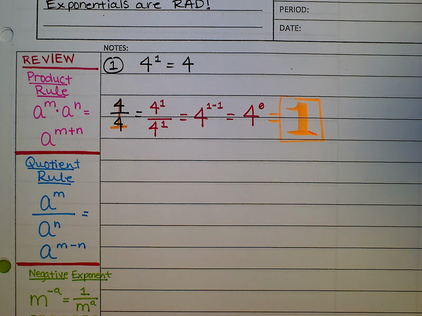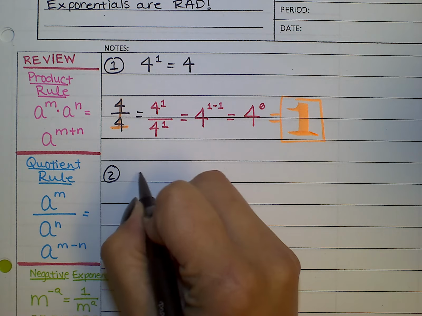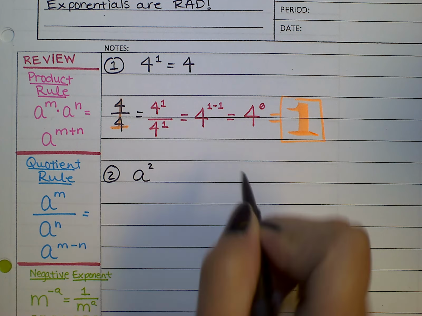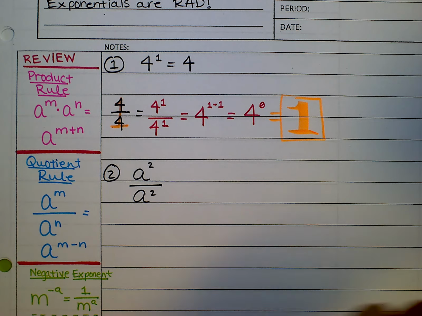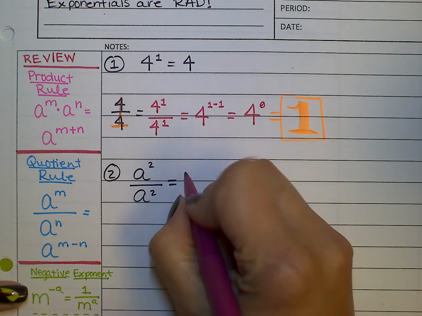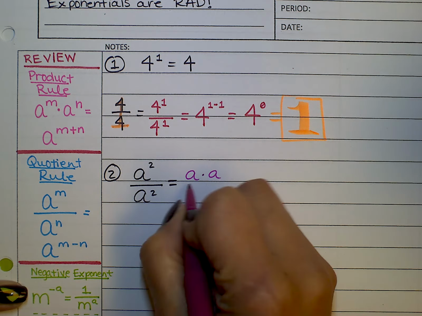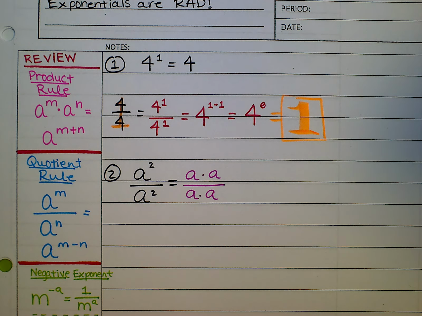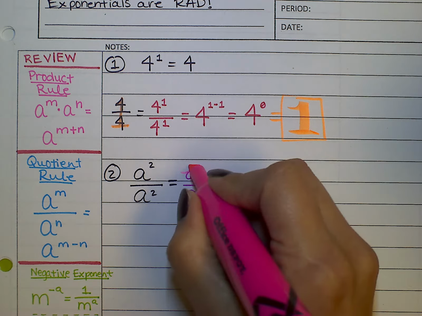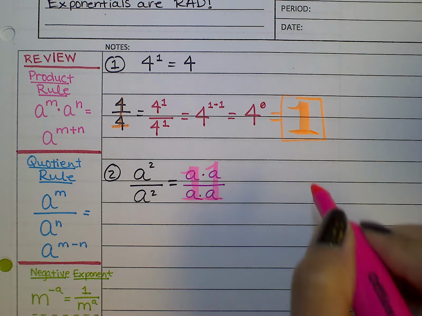Okay, so let's have another example. What if I gave you a squared over a squared? Well, of course, we could expand that a little bit and say a times a over a times a, and, well, that reduces to 1 and 1.